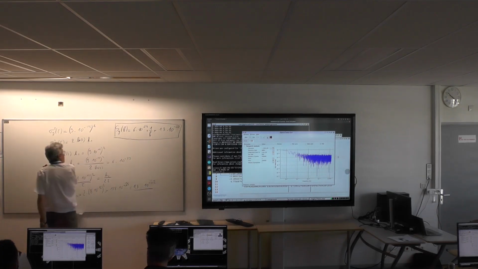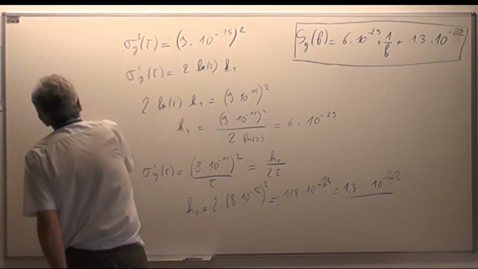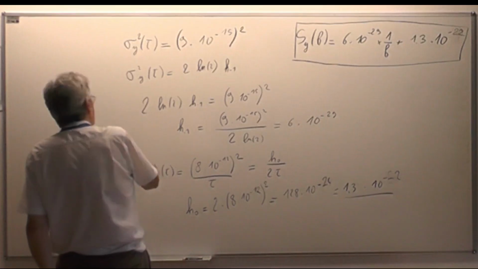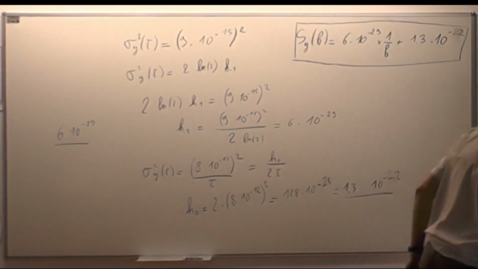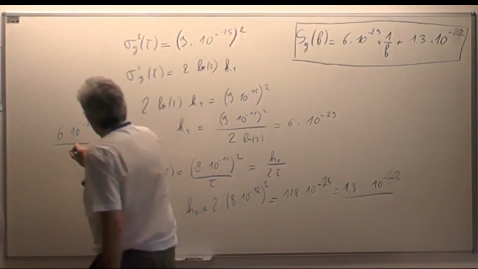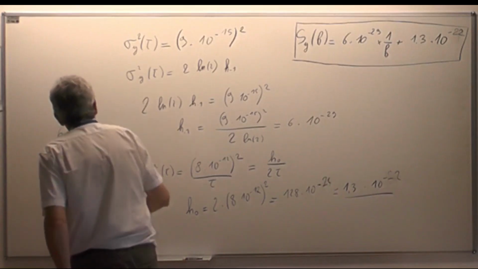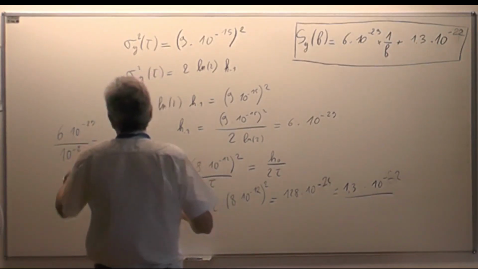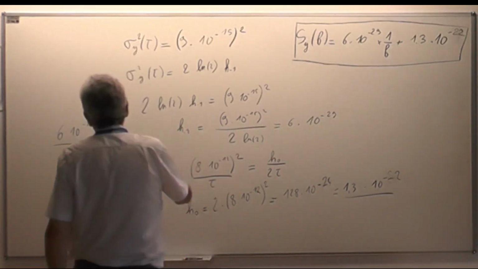If you have 6, 10 to the minus 29 divided by, I said it was 10 to the minus 8, I will obtain, you just have to do that. Yes, that's it.